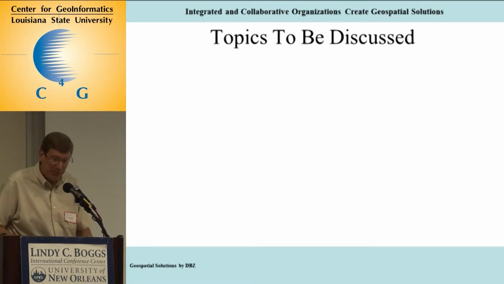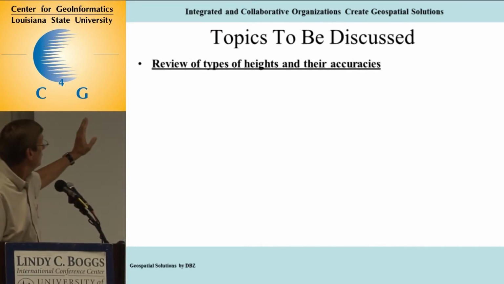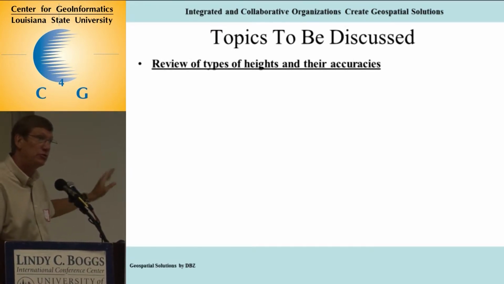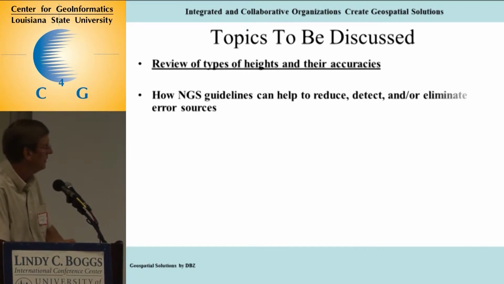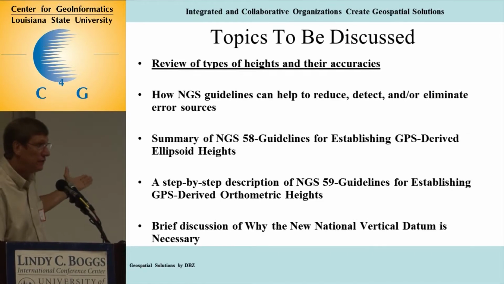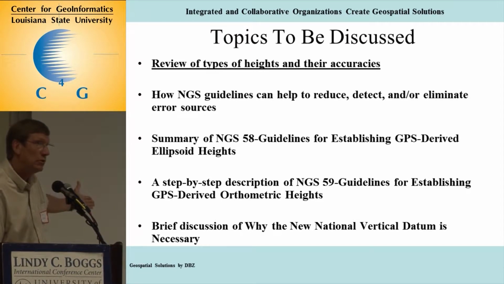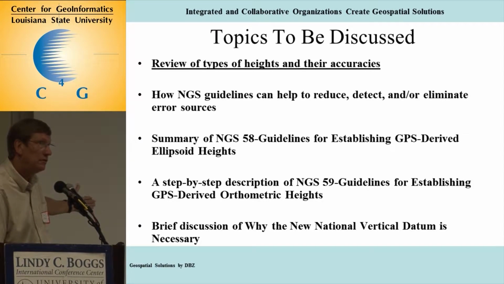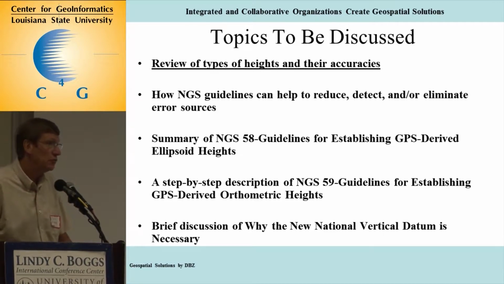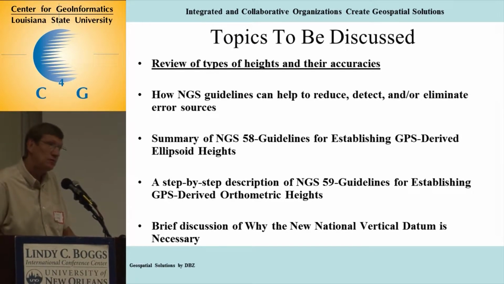The topics we're going to discuss: you have to review types of heights and their accuracies to understand just what you're getting when you do a GPS-derived orthometric height. We'll talk about guidelines to reduce them, then 58 and 59, and then we're going to go through why, in my opinion, the readjustment that Renee mentioned in 2022 is necessary, and ultimately it's going to make everybody's life a lot easier.